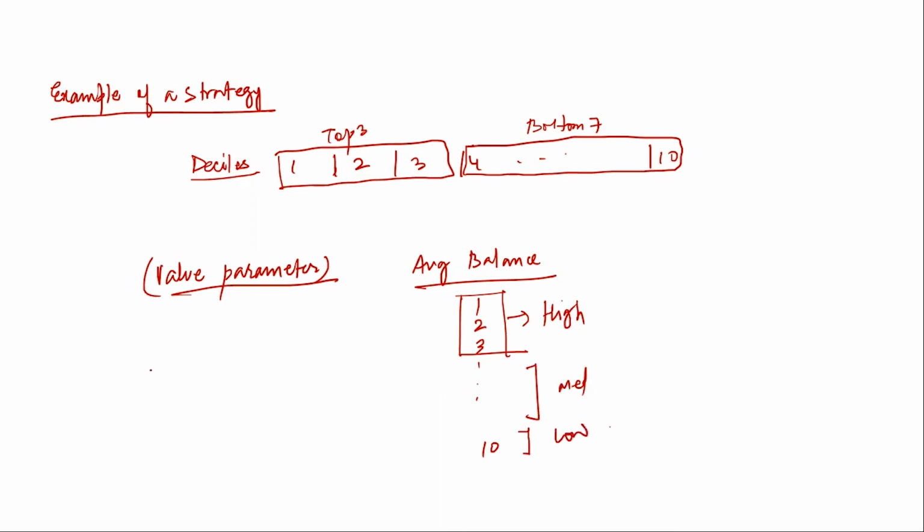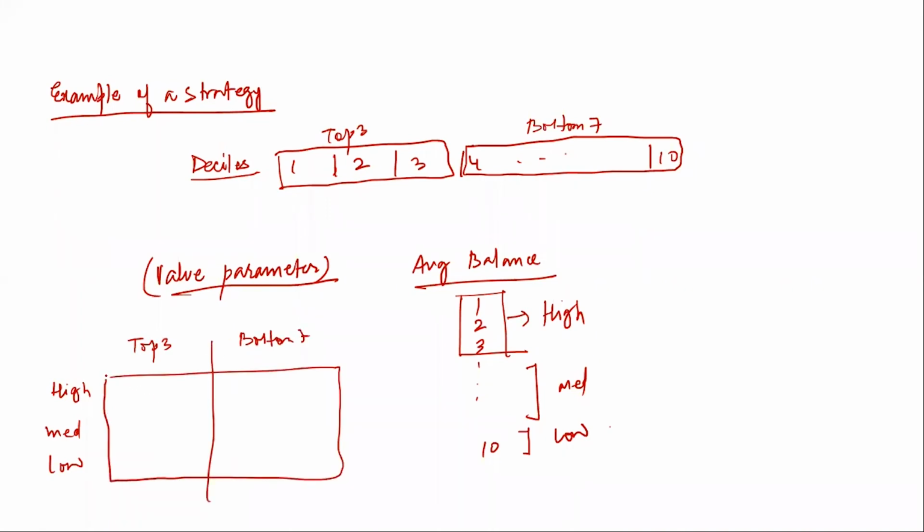A strategy will be high balance, medium balance, and low balance. This is based on the balance group, and this is based on the predicted probability, top 3, bottom 7.